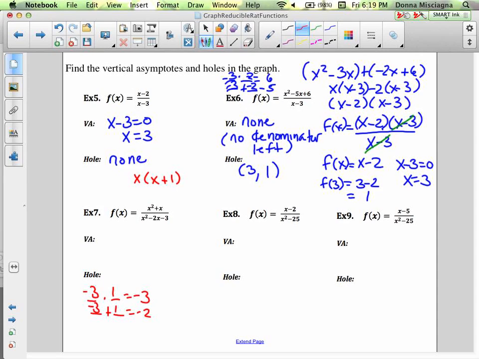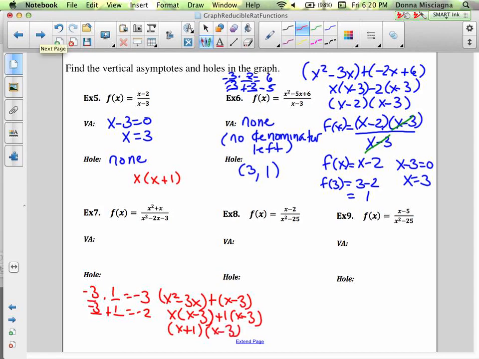In the denominator, multiplies to give us -3, adds to give us -2 is -3 and 1. All right, so that would be x squared minus 3x plus x minus 3. We can factor out an x, and we have an x minus 3. Factor out a 1, because they don't have anything in common. And we have x minus 3, so factored, this would be x plus 1 times x minus 3.